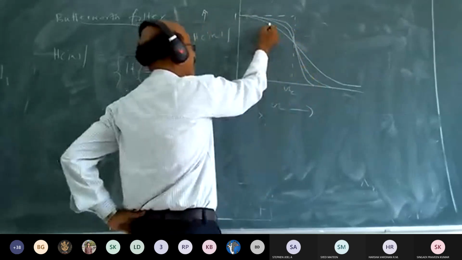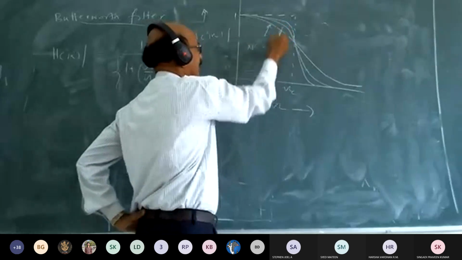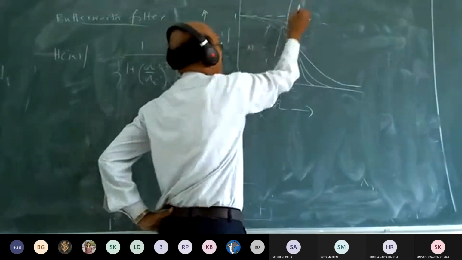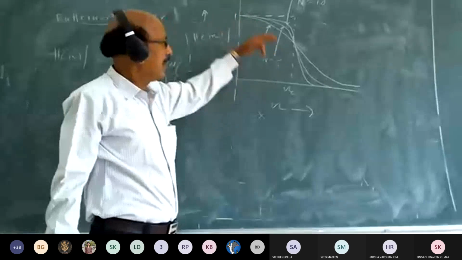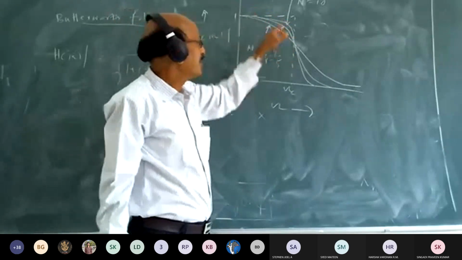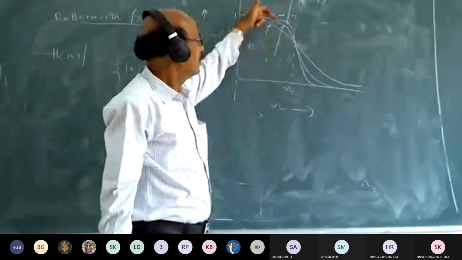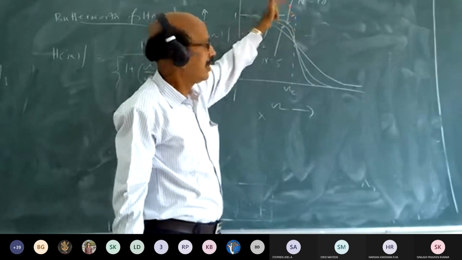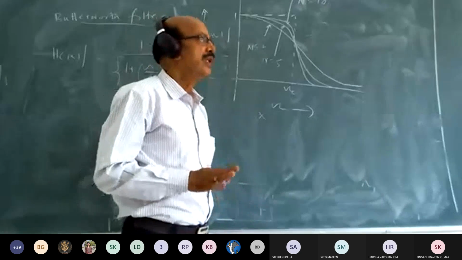For example, this curve is for n equal to 2, and this curve is for n equal to 5. We conclude that with an increase in the order of the filter, it approaches the behavior of an ideal filter. With n equal to 10, the behavior is almost that of an ideal filter. So the higher the order, the better the response.